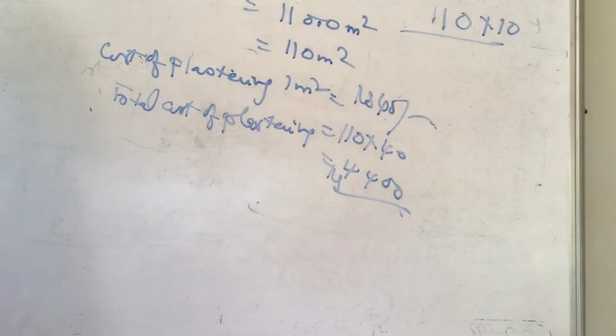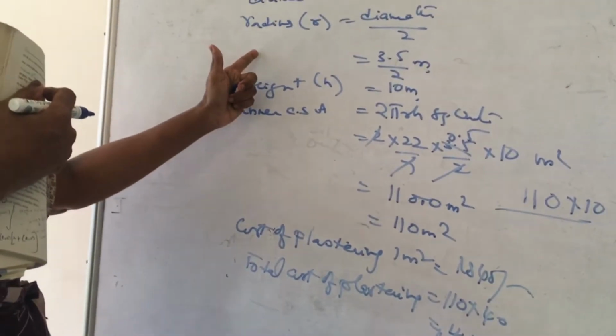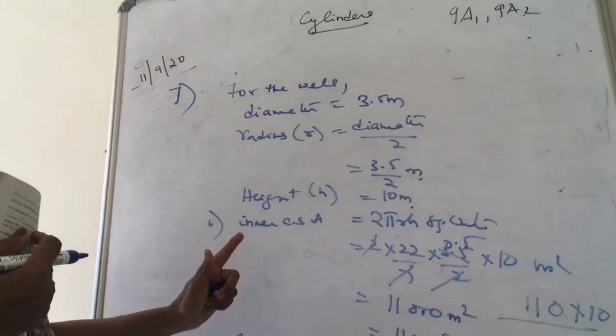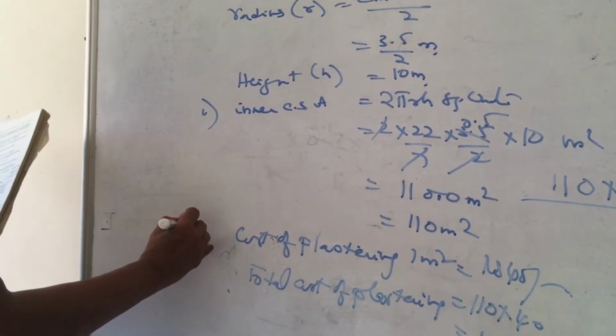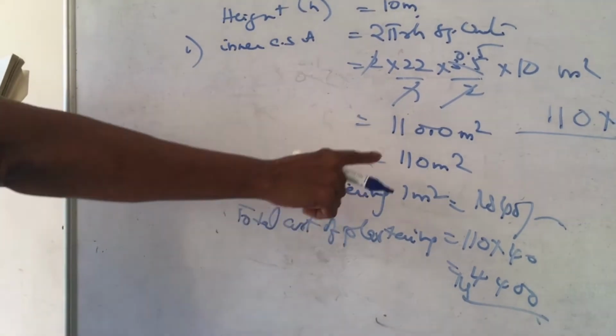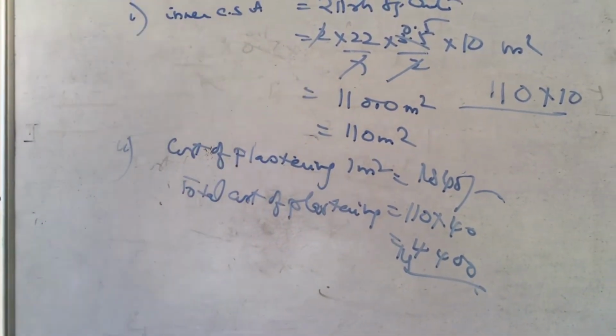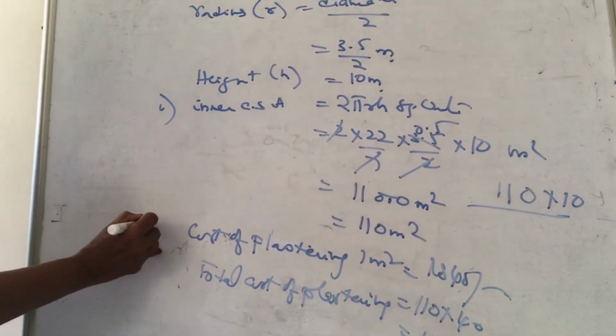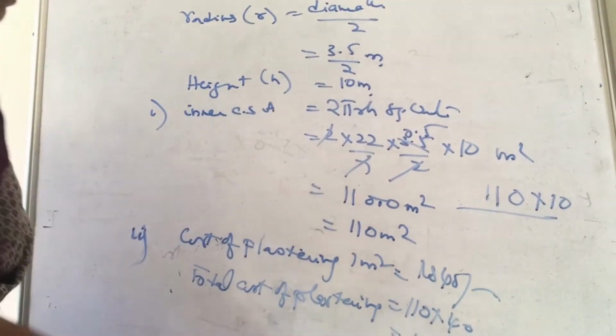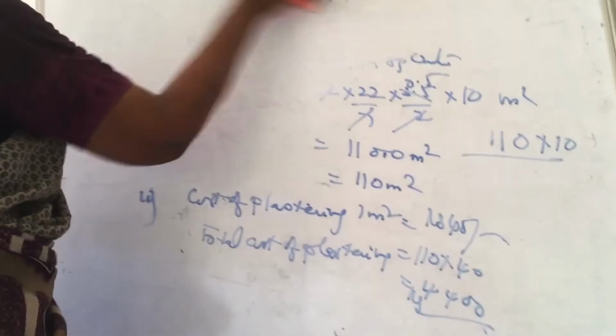For the well, you are given the diameter, radius, diameter by 2, inner CSA 2 pi RH, and cost of plastering 1 meter square is rupees 40. What is the total cost of plastering? Rupees 4,400.